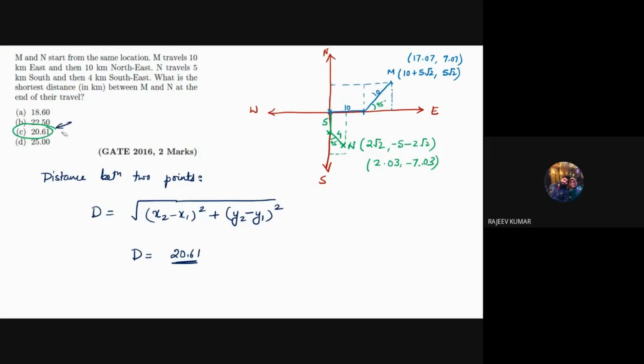So the correct answer is 20.61. एक बार check कर लेना इसको. I'll share the pic. उसमें check देख लेना एक बार whether you are getting the answer or not. Let's move on to the next question.